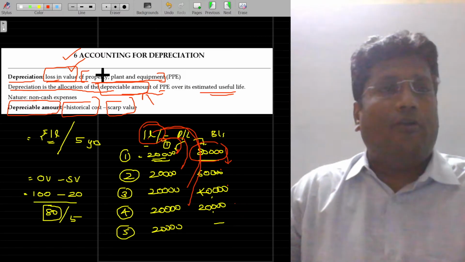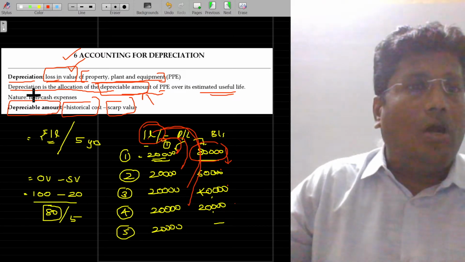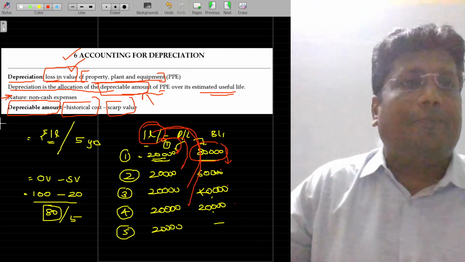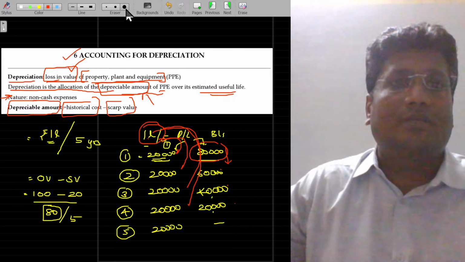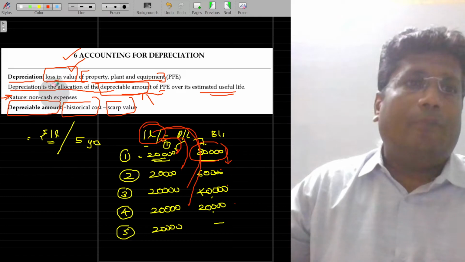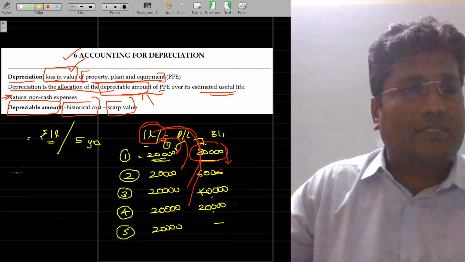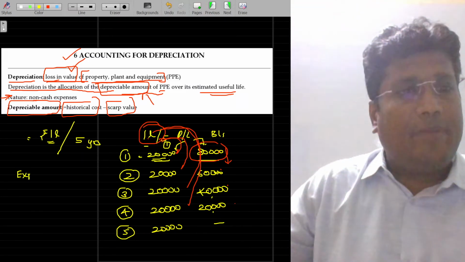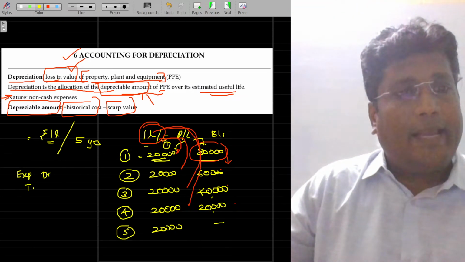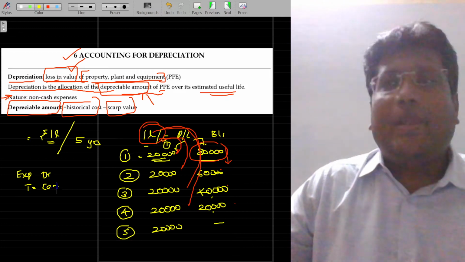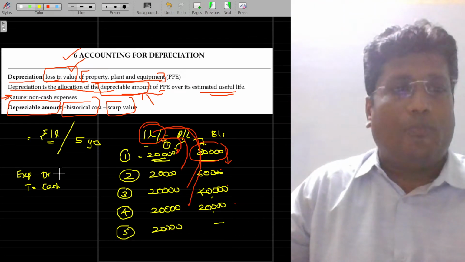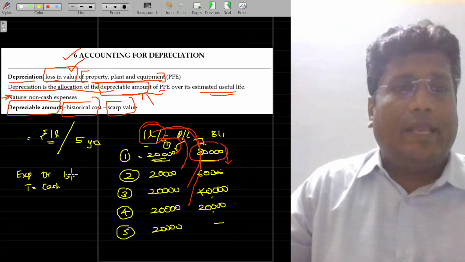And one more point I have to discuss here is that it's a non-cash expense. The nature of depreciation is a non-cash expense. See, if you are making any payment for expenses, what is the journal entry you will usually pass? Expenses account debit to cash. If you are paying rent, say 15,000 rupees, then rent account debit to cash is the entry.